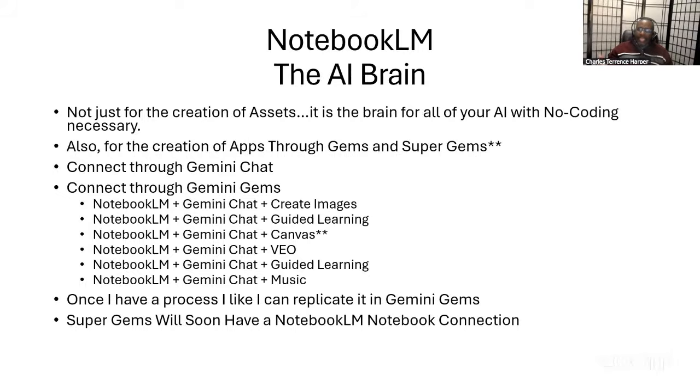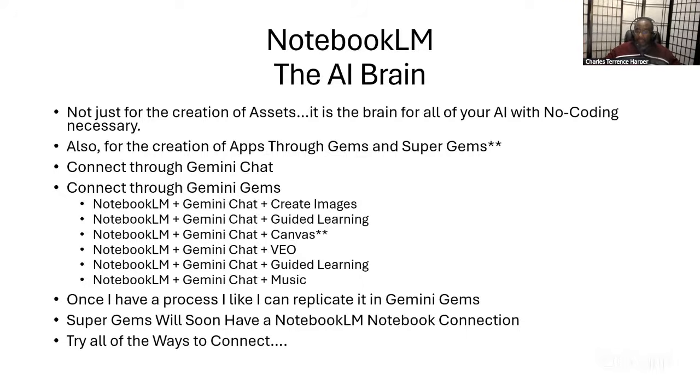You probably don't want to have ChatGPT Super, $200 for Claude, $200 for Gemini. You want to think about narrowing this down to one, and maybe, as they say when you get married, forsaking all others, right? Okay, so Super Gems is going to have a Notebook LM notebook connection.